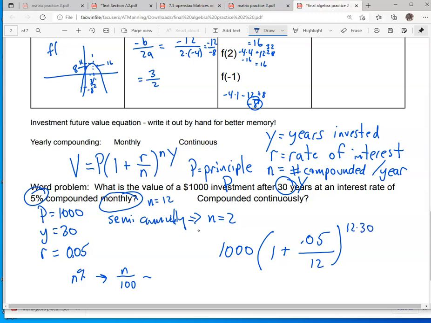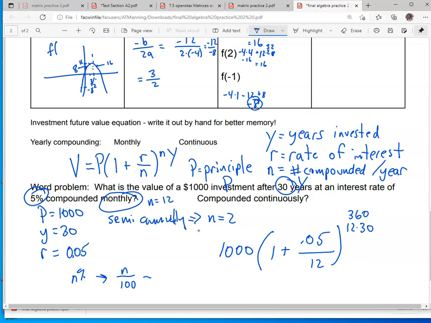Well, if I want to simplify my life, 12 times 30 is 360. Plug it into my calculator, and I get my answer. And since we're out of time, I'll let you put that in your calculator. But you'll have your calculator to do this.